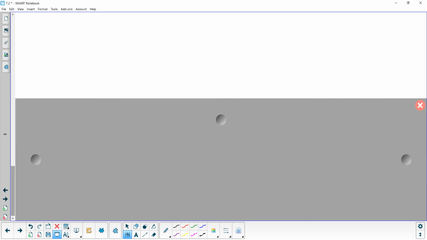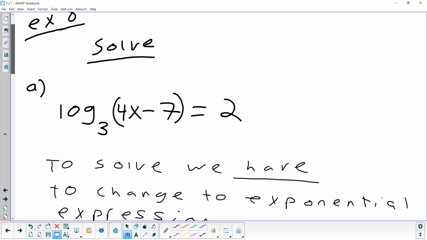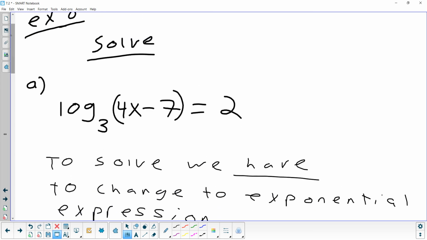We'll try a few different problems. Again, the only thing we know how to do with an equation that's in log form is change it to exponential. And once we change it to exponential, a lot of times it's just an algebra 1 equation to get the variable by itself.